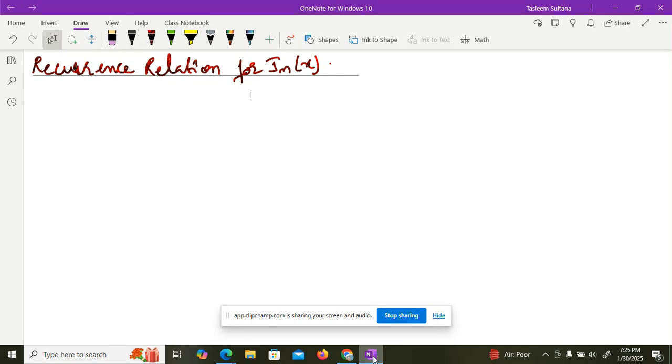For the next class, we have started seeing the relations for Bessel function. Already one I have done in the previous class. In today's class, we will see one more recurrence relation.